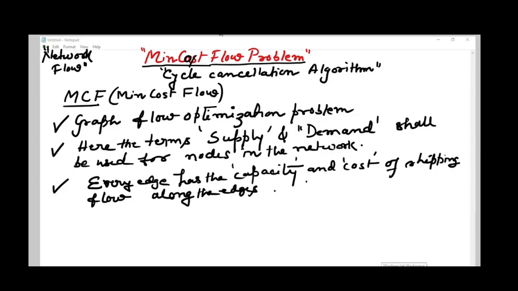Here the capacity should always be greater than 0. Positive capacity should be there.